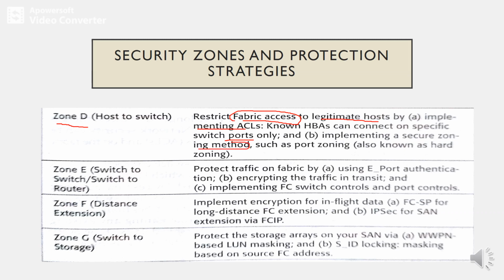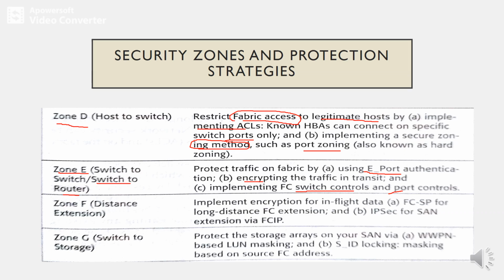We can adopt the zoning concept and provide security such as port zoning, also called hard zoning. Similarly, zone E is switch to switch or switch to router. Protect traffic on the fabric by using E-port authentication or by encrypting the data in the traffic, and implementing FC switch controls and port controls.